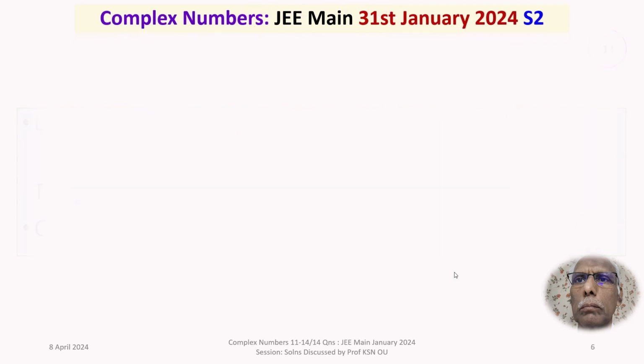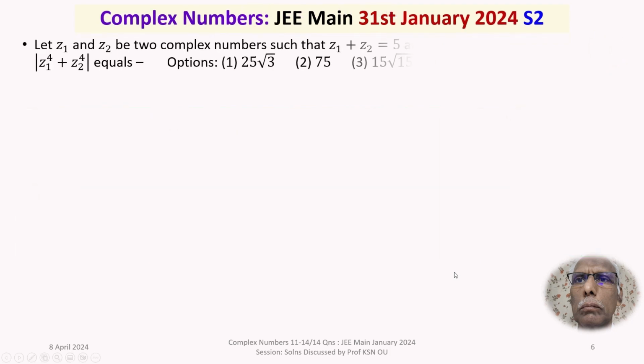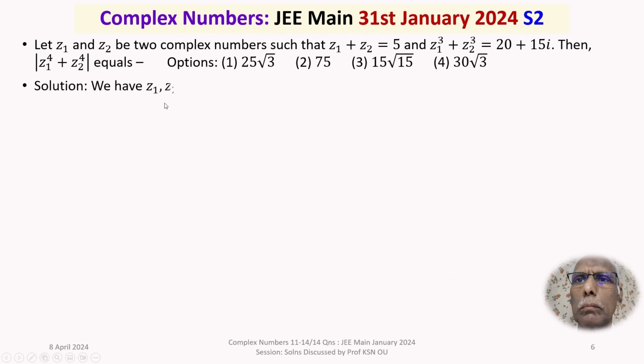Let's now discuss the solution of the problem in detail. We have Z1, Z2 belonging to C, the set of complex numbers. Given Z1 plus Z2 is 5, Z1 cube plus Z2 cube is equal to 20 plus 15i.